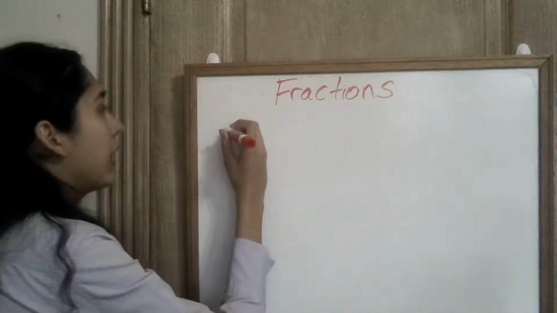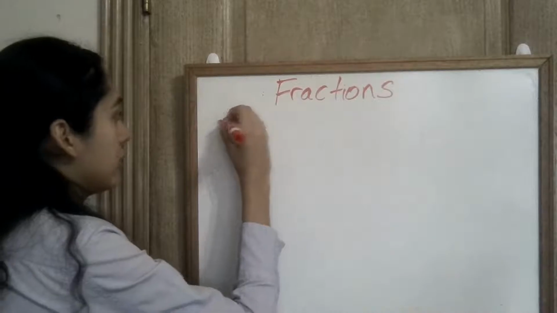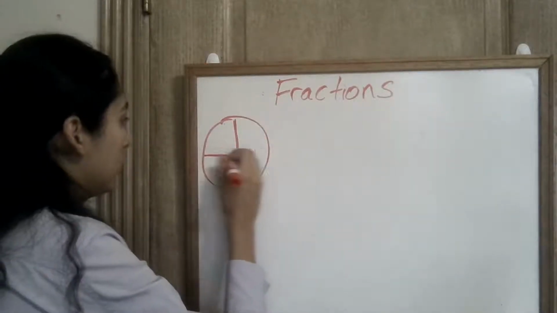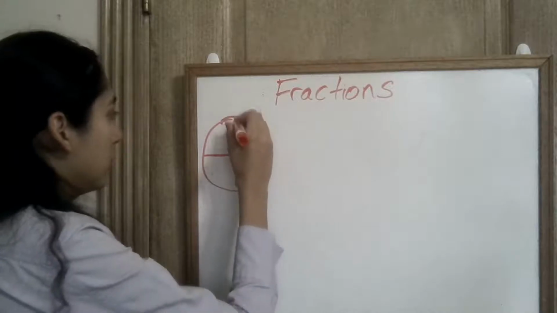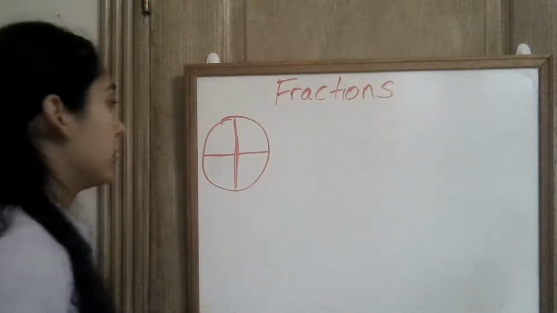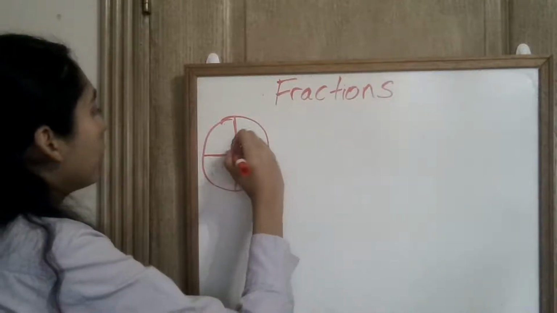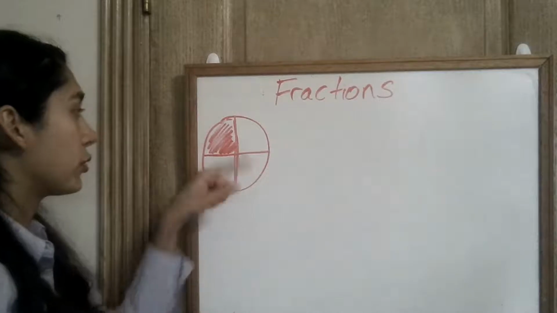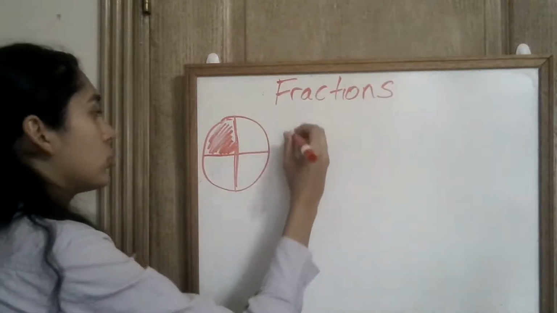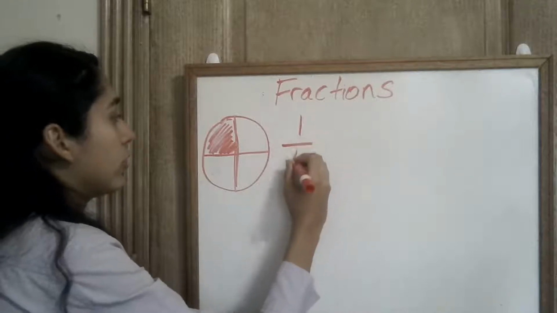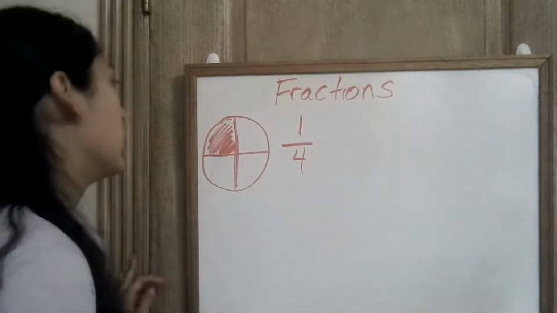So let's say I have a pizza. And I divide it into 4 parts. And I ate 1 slice out of the 4 slices. So I know there's 1 slice out of the total of 4 slices.